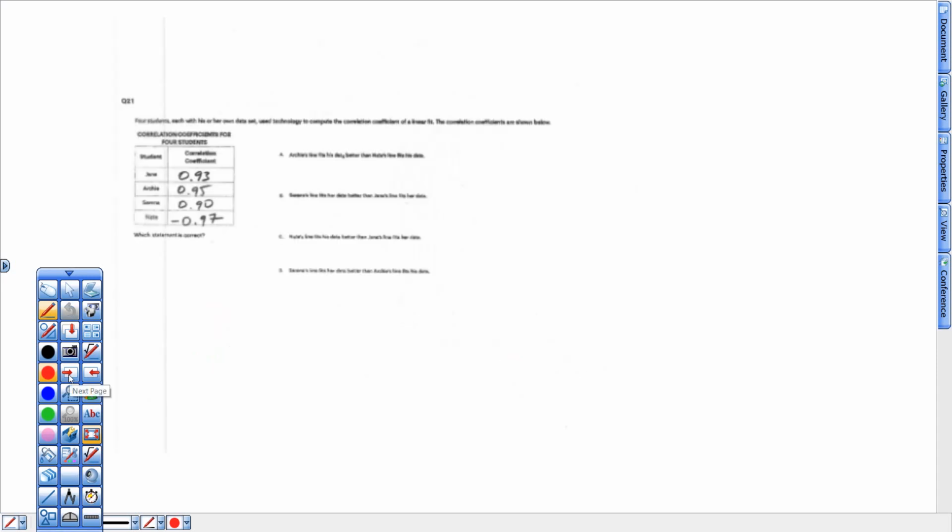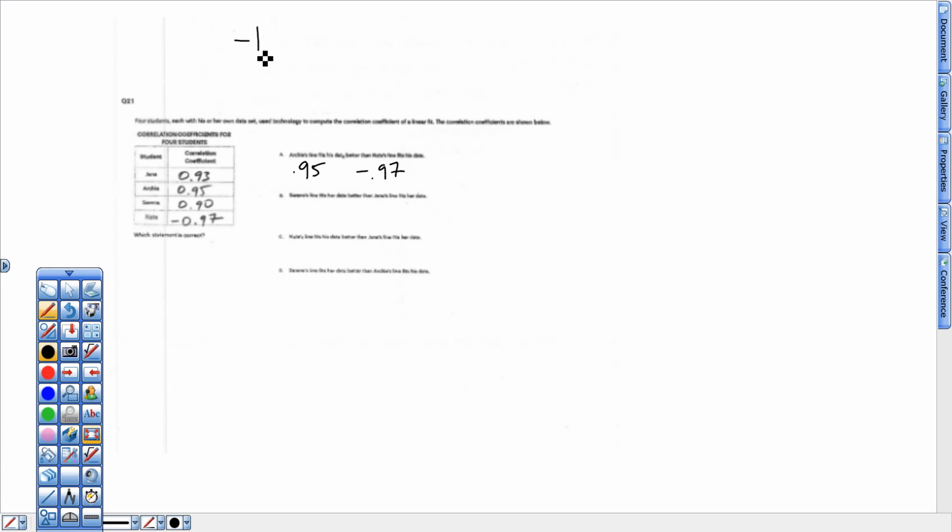All right, correlation coefficients. This says Archie. If I could get my glasses here, sorry. Archie's line is 0.95, and then it has Nate's line, which is 0.97. Remember correlation coefficients.